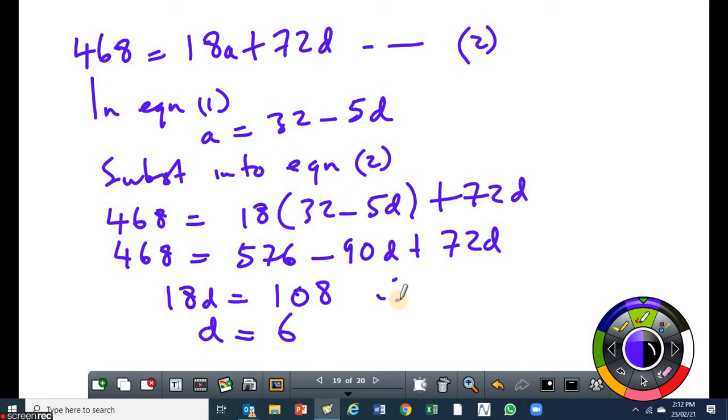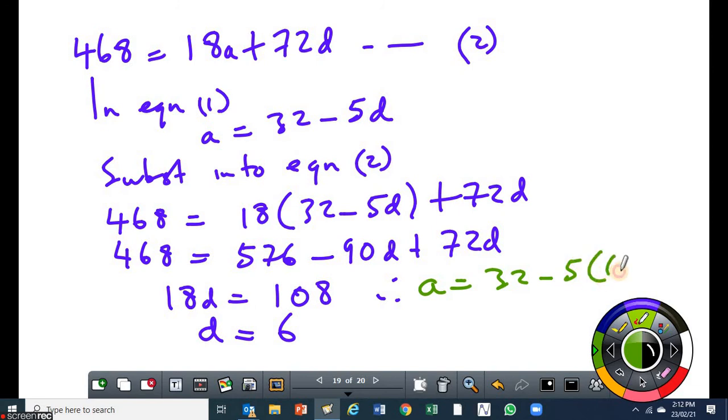Therefore, a is going to be equal to 32 minus 5 times 6. So this gives me 32 minus 30, and you get a what? A 2. So the first term is going to be a 2.